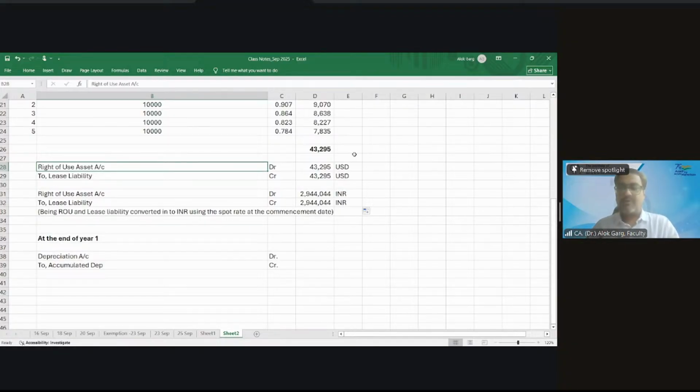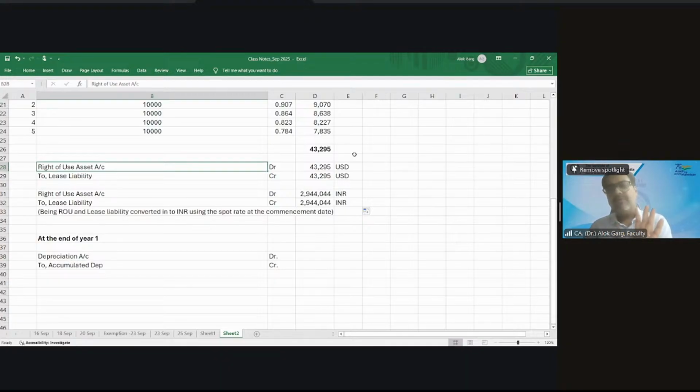No. But let's say you bought that iPhone on a credit basis. So 10,000 US dollar iPhone you bought, you came to India and you have to pay the money to the foreign supplier. You bought this iPhone in the month of January, so you have passed an accounting entry, iPhone PPE account debit, $10,000 multiplied by 80. Exchange rate was 80 at that point of time. Up to 31st March, you haven't paid to the foreign supplier.